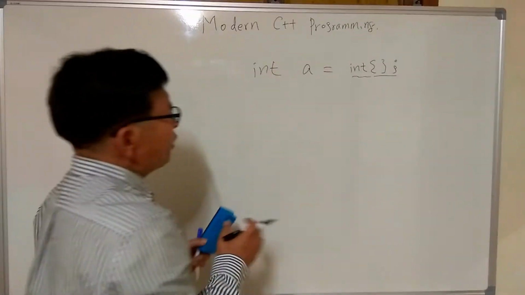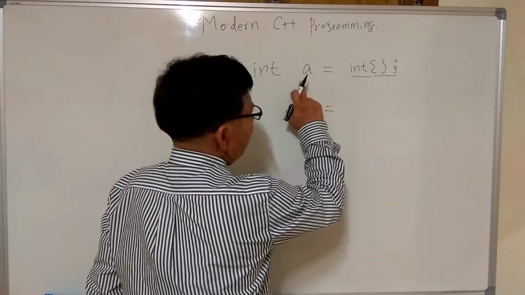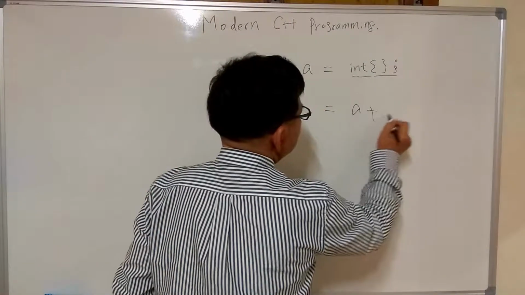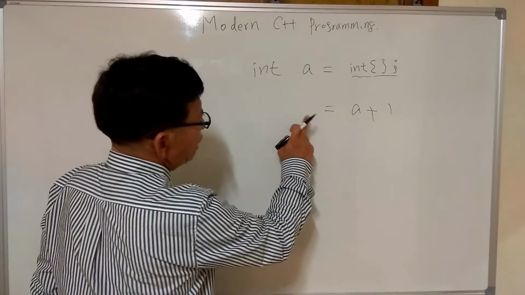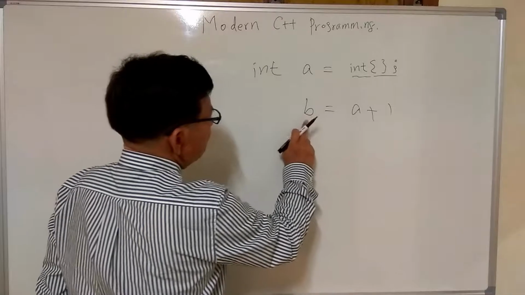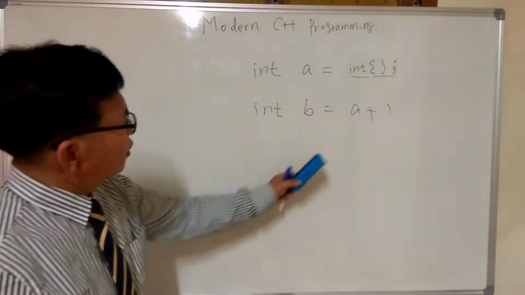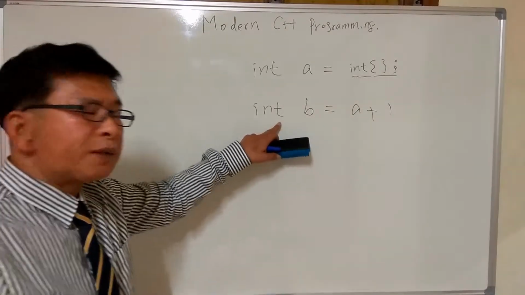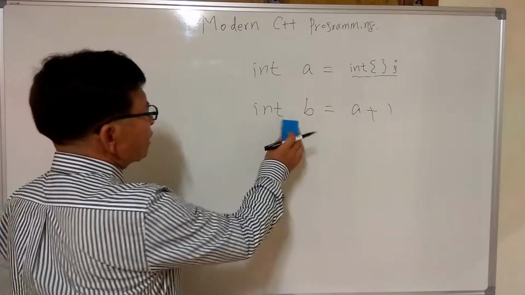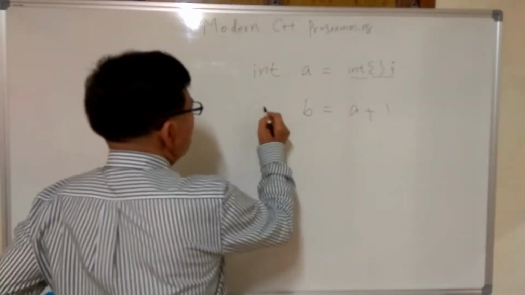Then when we do arithmetic with variables, like a plus 1, for example, we can introduce another variable like b. Its type can be int, of course. Then in modern C++ programming, instead of specifying the type like this, we introduce the keyword auto.